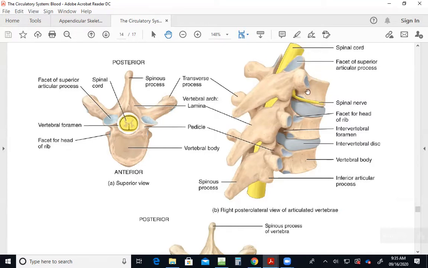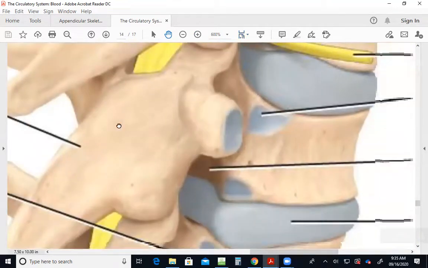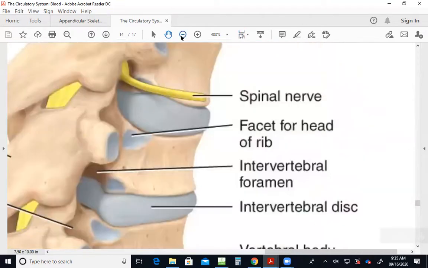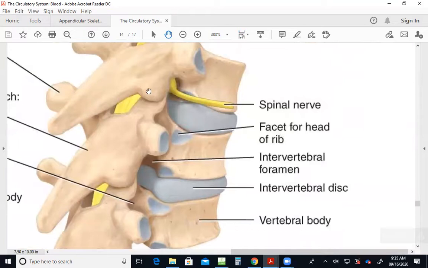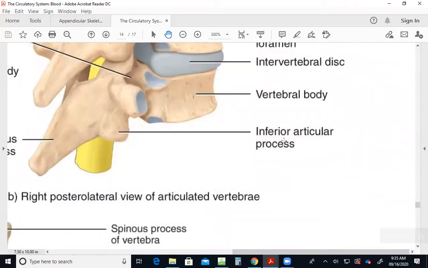Okay, if we look right here, we see a connection between this vertebra and this vertebra below it. This little bump right here projecting down from this bone is called an inferior articular process. Highlight that.